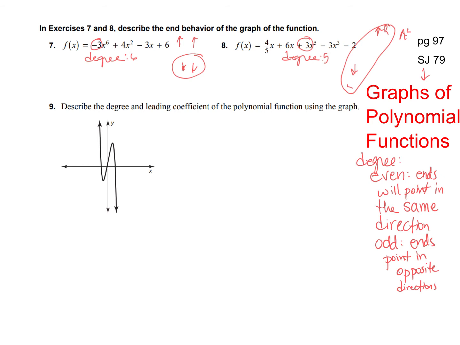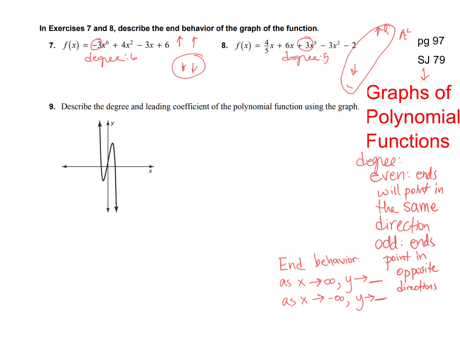Now, to describe end behavior, you always use this formula, and I'm going to write it below. It looks like this when you're asked for end behavior. As x approaches positive infinity, comma, y approaches, and then you put what direction y is going. And then as x approaches negative infinity, y approaches, and then you put whatever direction it's going.